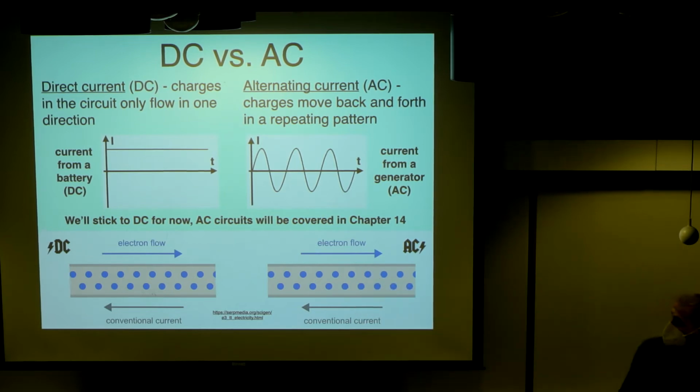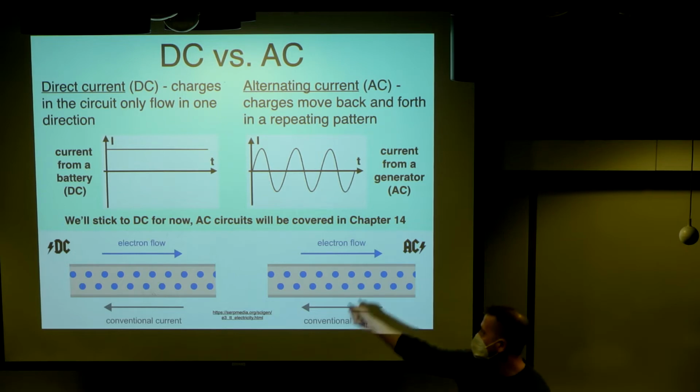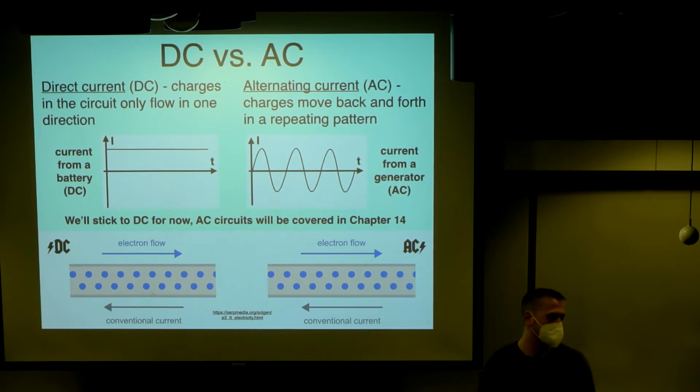On the other hand, with alternating current, charges don't just move in one direction, and they can slosh back and forth in a repeating pattern. So if we were to show current as a function of time in that sort of situation, we'd see that the sign does change. Sometimes the current is positive, indicating it's flowing one way, and then it switches to negative, indicating it's flowing the other way, and it can go back and forth.